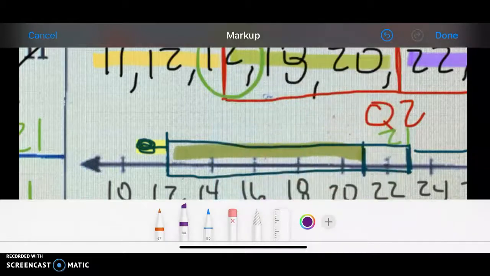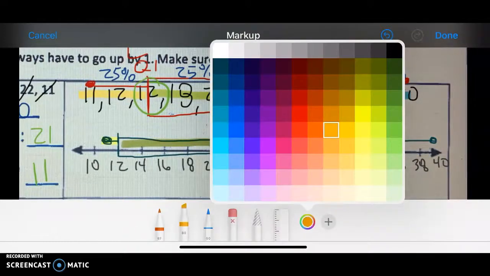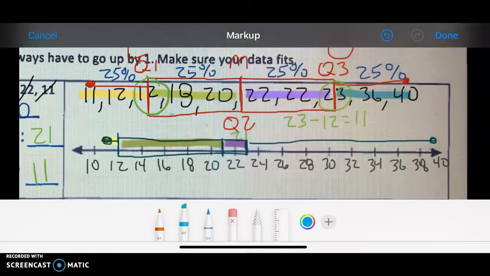This small part right here is still 25%. And this right here is also 25%. So they're all equal. They're all quarters. Think of a basketball game: you play 4 quarters. Sometimes they feel like they go really fast, or sometimes you score a bunch of points in 1 quarter. Sometimes you don't. Okay, that is box plots.